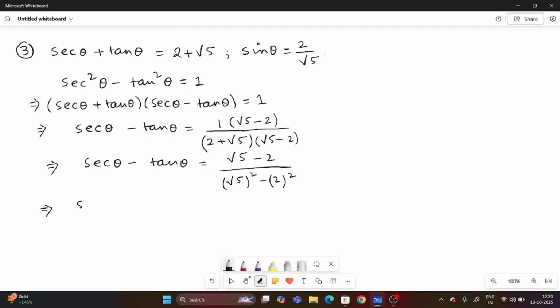That means sec theta minus tan theta is equal to root 5 minus 2, as the denominator becomes 1.